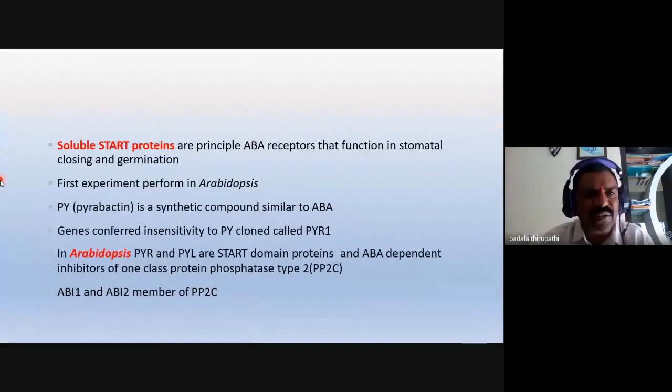And the first one is the soluble START proteins. Soluble START proteins are the principal ABA receptors that function in stomatal closing and germination.